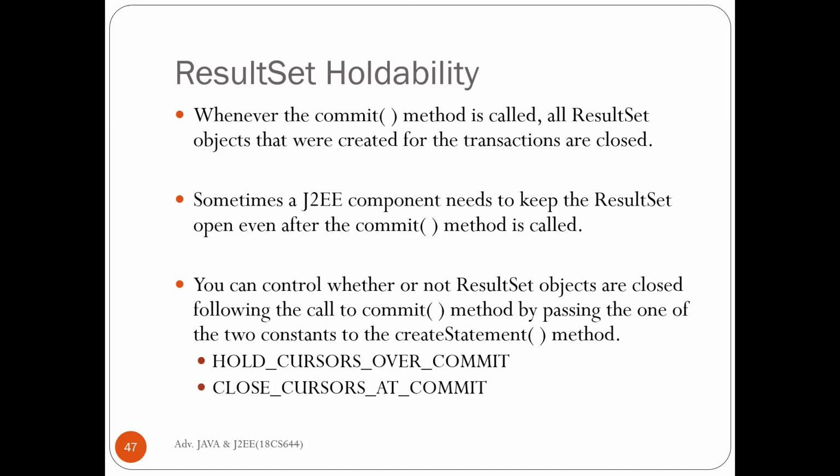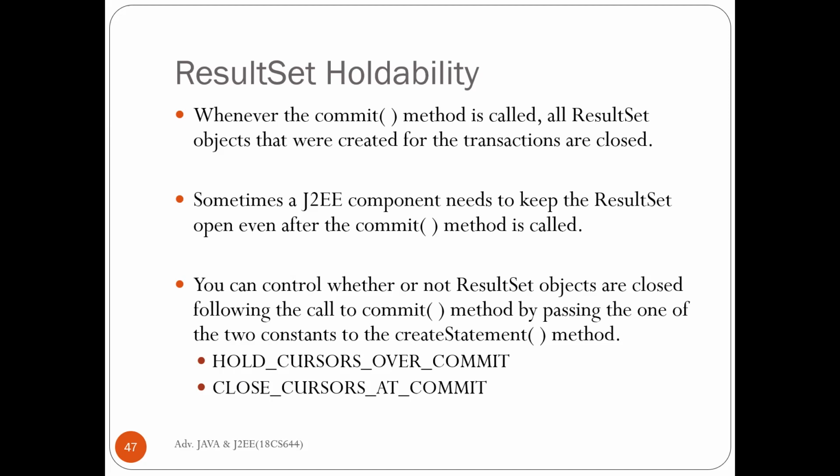So here, in order to hold the result set, we have to use two constants, that is HOLD_CURSORS_OVER_COMMIT and CLOSE_CURSORS_AT_COMMIT. These two are contradictory. HOLD_CURSORS_OVER_COMMIT means the result set will remain valid even if we call the commit method.